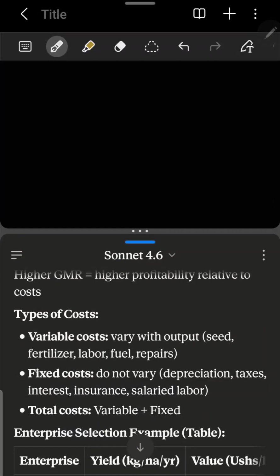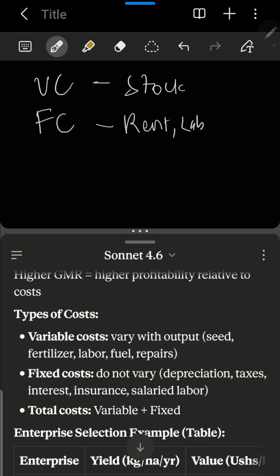Now we look at types of costs. We have the variable costs, we have the fixed costs. In our example, the variable cost was only one, it was stock. But then there were fixed costs, which was rent, labor, and others, which included electricity.